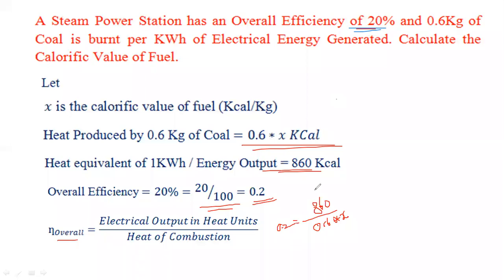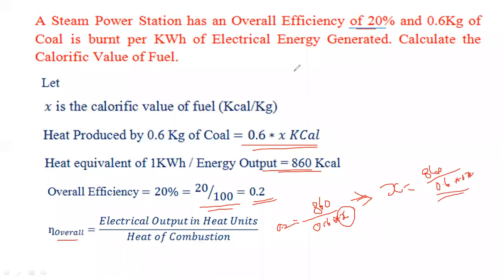Now by cross multiplication, since we want to find the x value, x equals 860 by 0.6 into 0.2. This is the value we get, which is nothing but the calorific value.